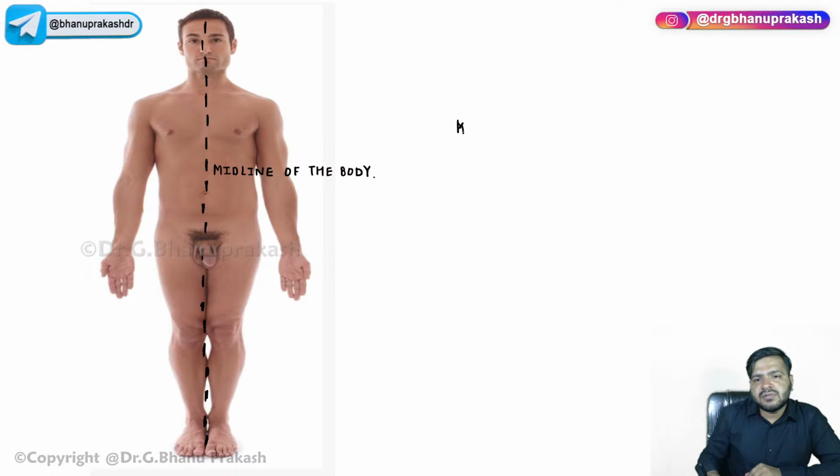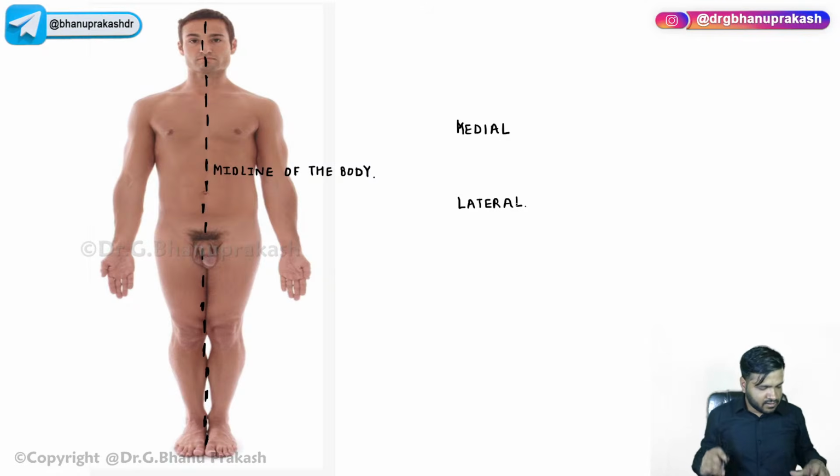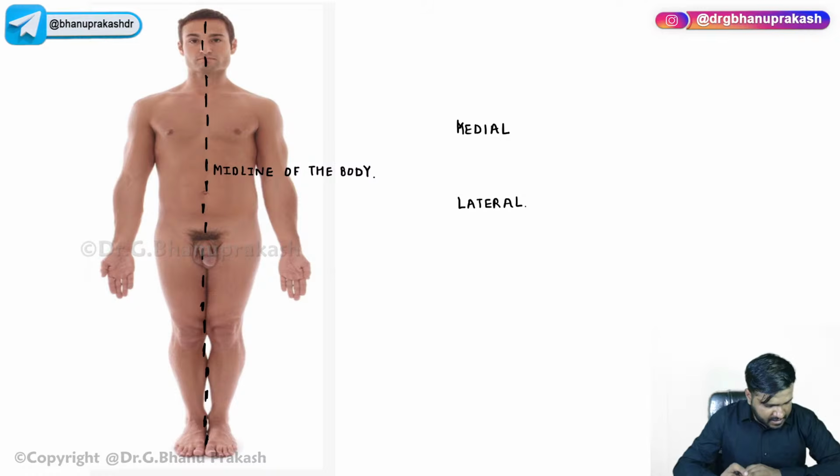Now, I have to discuss two terms. The first one is called the medial, the next term is the lateral. What is the difference between the medial and the lateral? Anything which comes closer to the midline of the body is called medial, and anything which is away from the midline is called lateral.